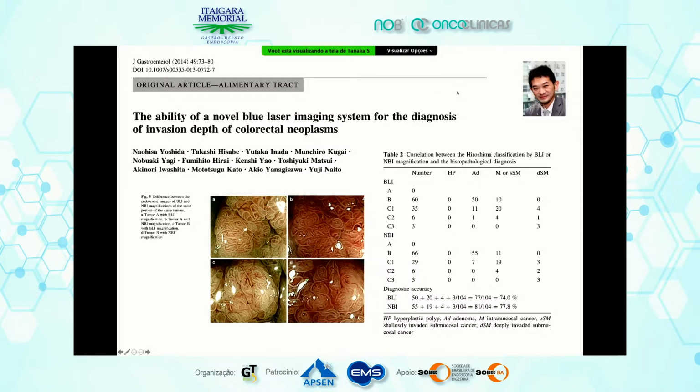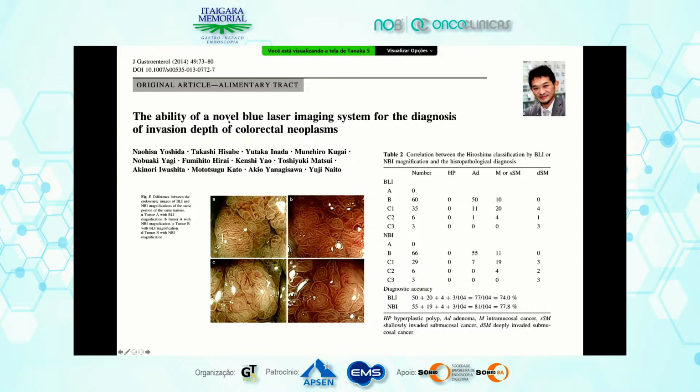By the way, today I will give a lecture on JNET classification using NBI magnification. He's Naoshi Yoshida, my friend in Kyoto Prefectural University.